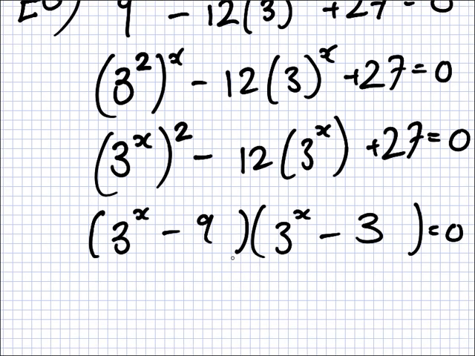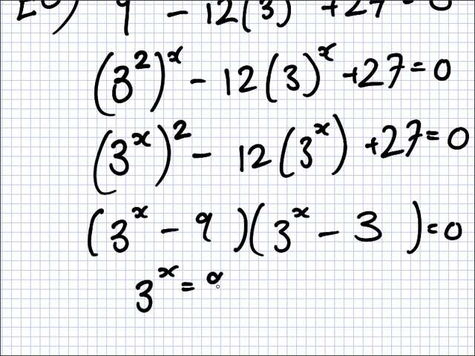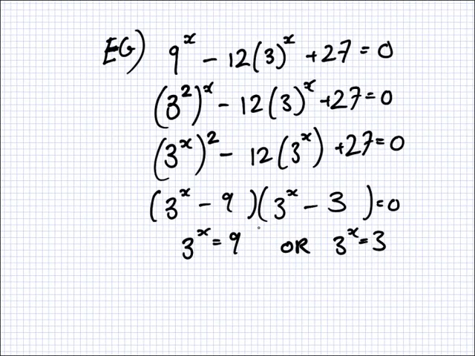Someone asked why I rewrote it. I didn't have to. I just wanted to make it clear that it was a quadratic, like me saying we have x squared minus 12x. I could have kept it like that. It's no big deal.